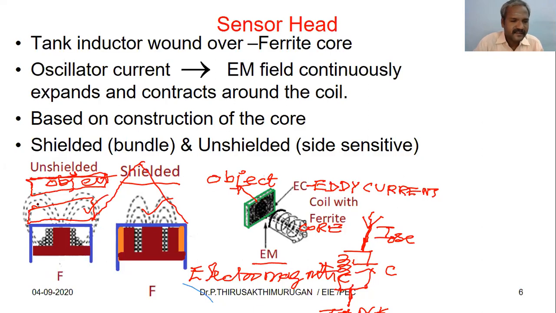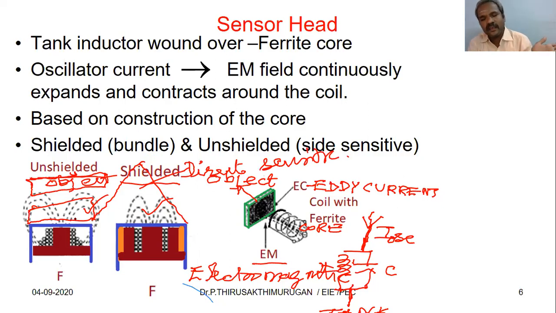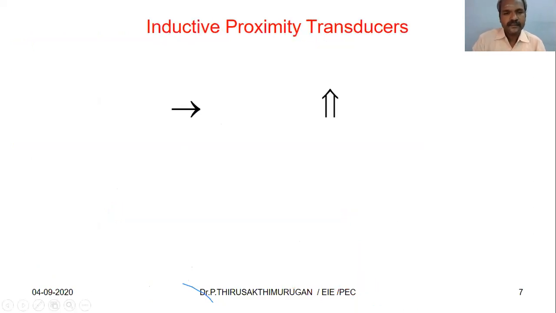This is direct sensitive. Whereas the unshielded is both direct as well as side sensitive. It also detects nearby side objects.